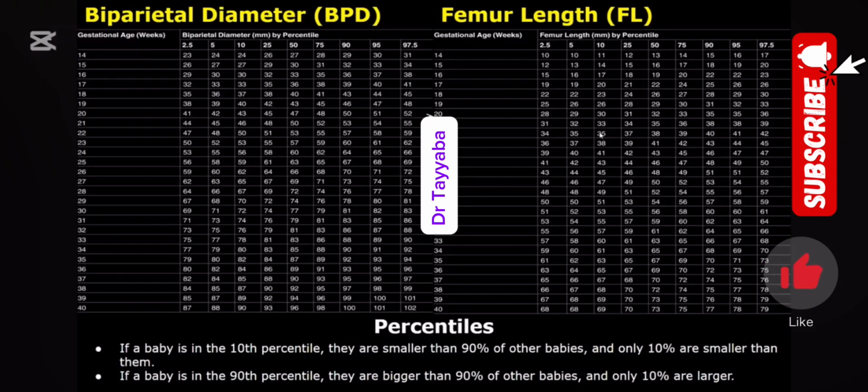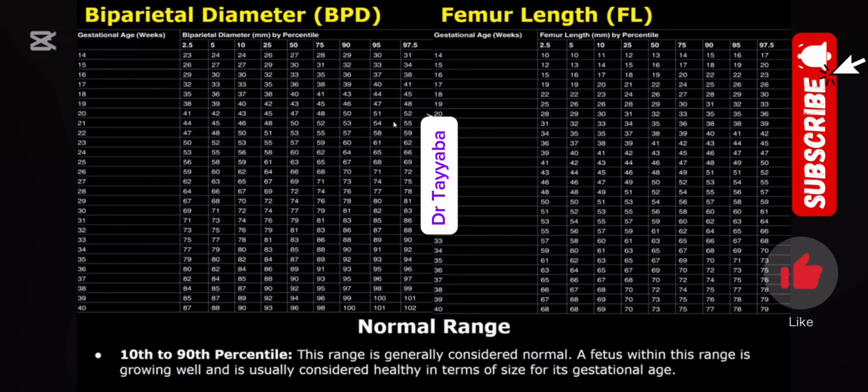If a femur length measurement is 53 mm in a 30-week fetus, it falls in the 10th percentile according to this table. We are using this table as reference. If a BPD measurement is 71 mm in a 30-week fetus, it falls into the 50th percentile according to this table.